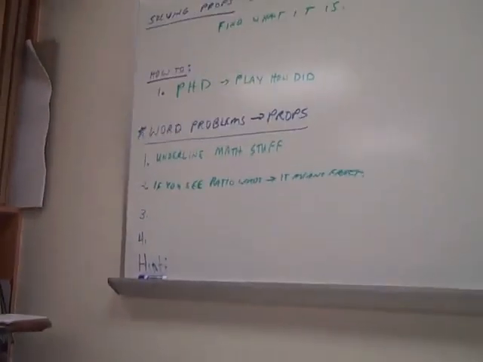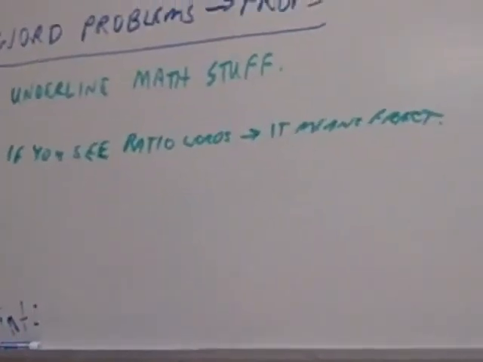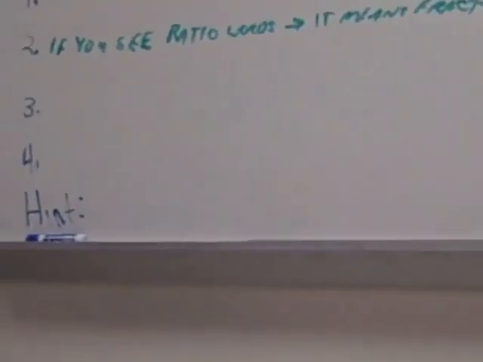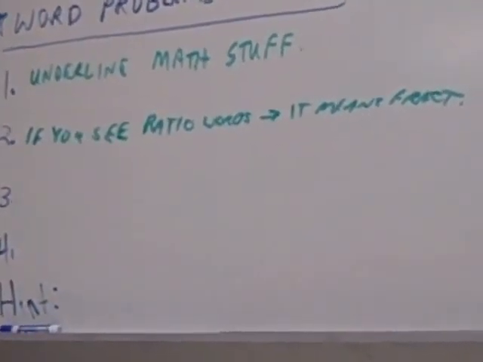The one behind it goes on the bottom. How soon we forgot that. That was last week. Ratio words set up a fraction. We've got to figure out what goes on top and what goes on the bottom. And I told you the key to that is what is in front and what is behind.